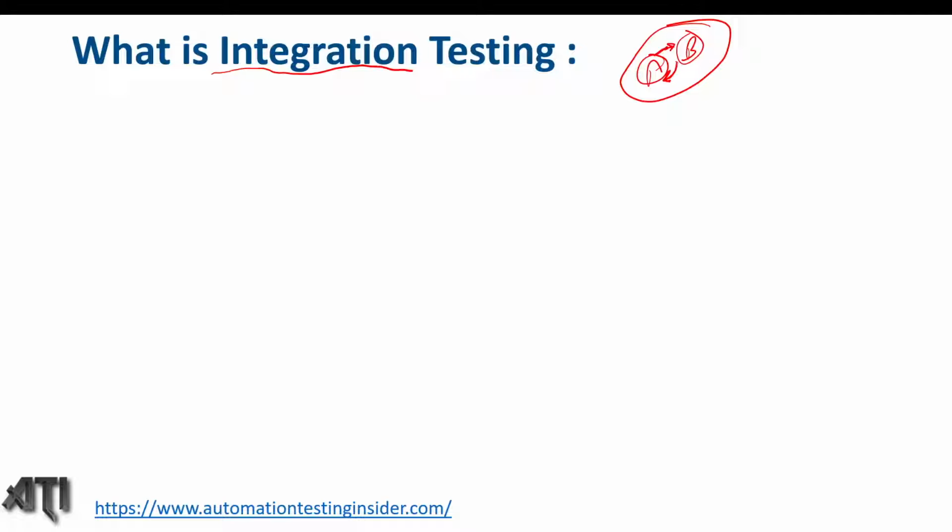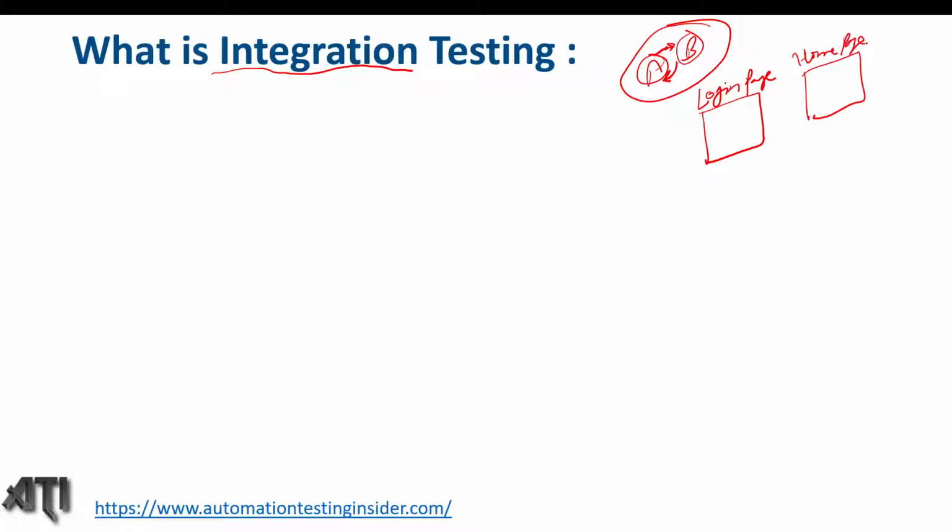Now if you remember guys, in the previous video we talked about unit testing, and there I have taken an example of website development. So let's say we are developing a website and we have a login page and home page in our website.